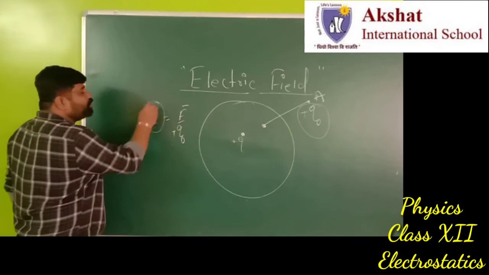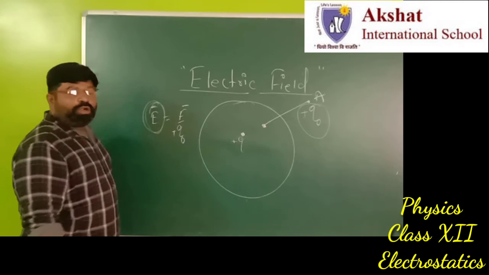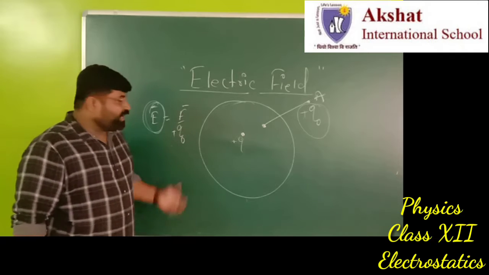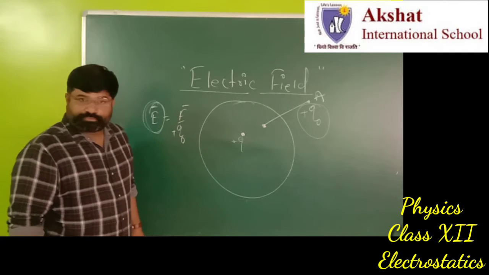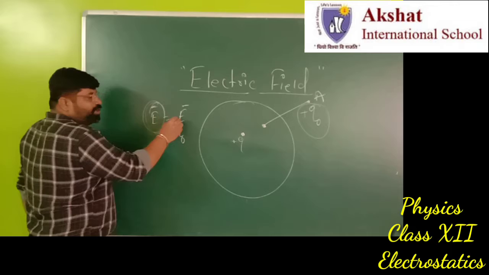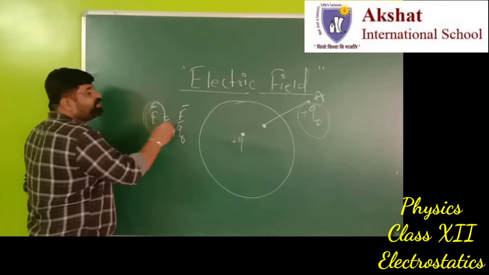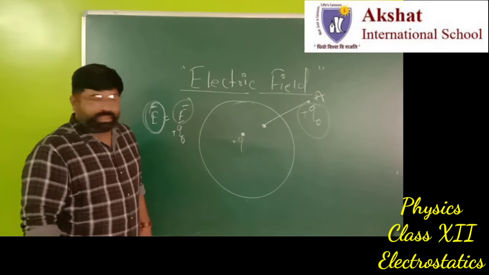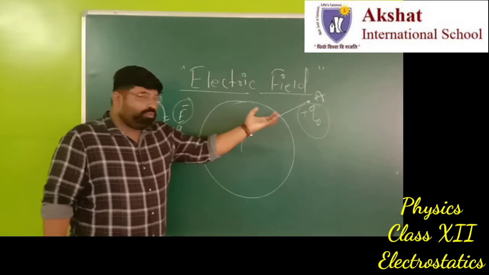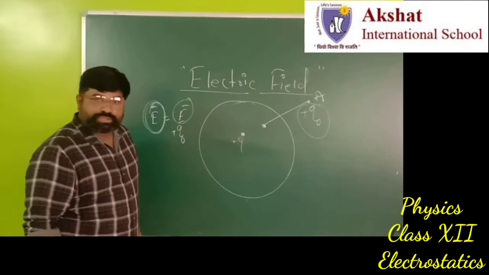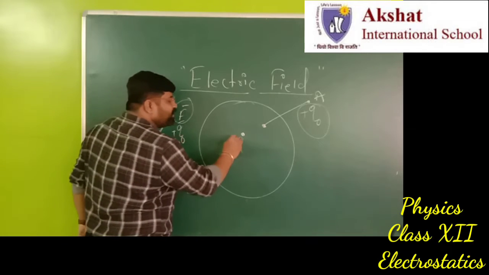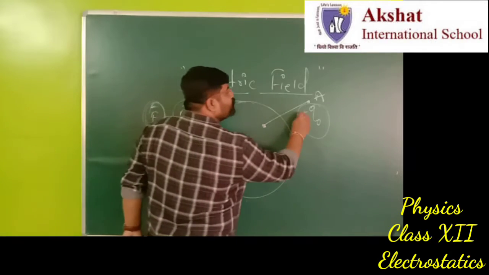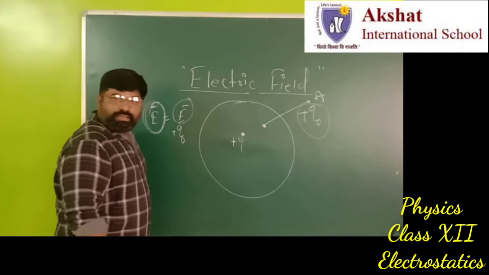Now as I had marked here with these arrows, this electric field strength is a vector quantity. If it is a vector quantity, then what will be its direction? The direction of the electric field strength depends on the direction of the force the charge is experiencing. Suppose this is a positive charge and this is also a positive charge.